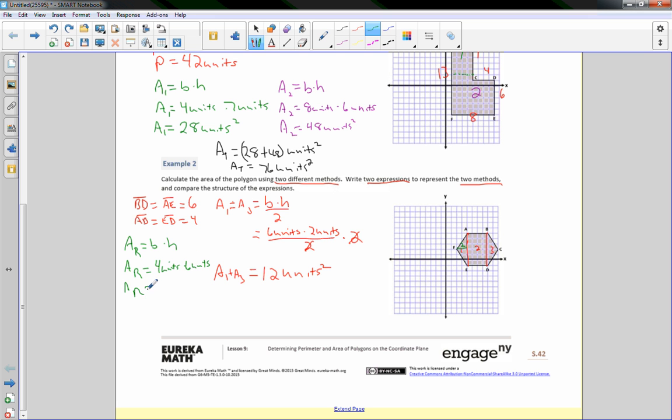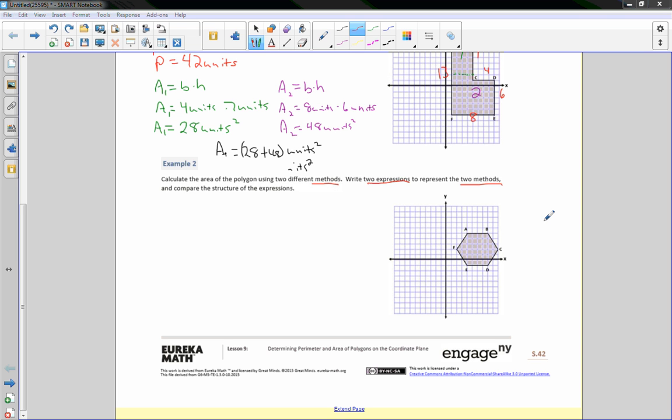The area of the rectangle is 24 units squared. So now I'm going to take the area of the rectangle and the area of the 2 triangles, and the total area equals 24 plus 12 units squared. So the area total equals 36 units squared.